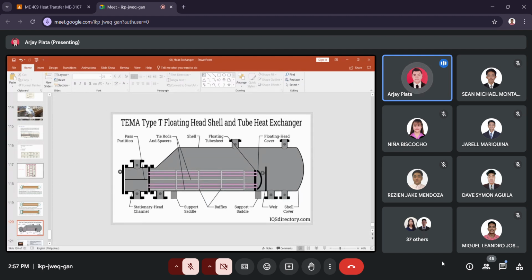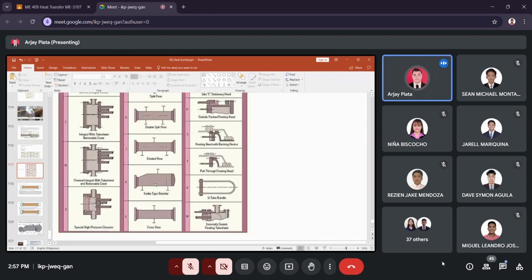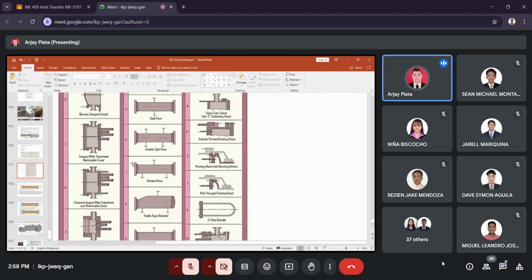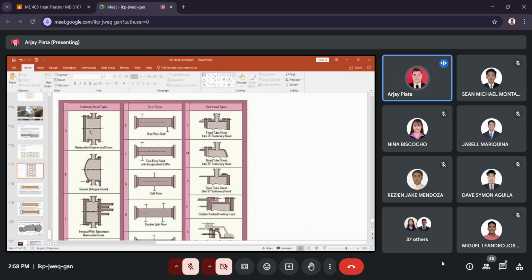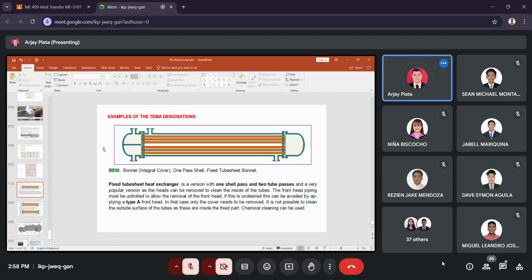So as you can see here, this is kettle shell, kettle type reboiler, and then U is U-tube bundle, and A is removable channel cover. So just a combination of the three: stationary head, shell type, and rear head. So that's the TEMA designation that we are referring to.